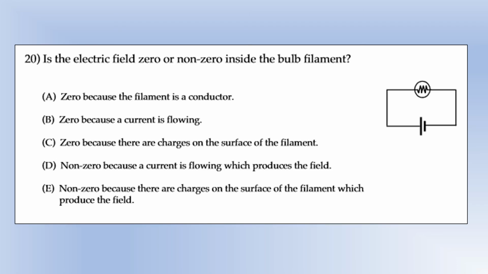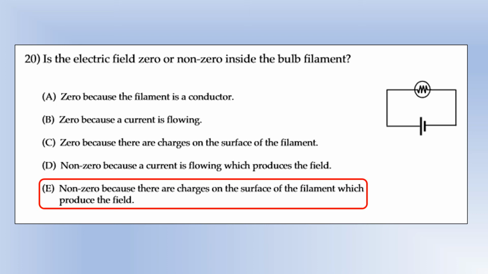Okay, so is the electric field zero or non-zero inside the bulb filament? Have a look through your options, then select your answer. Okay, so the correct answer here is non-zero. As it says, there are charges on the surface of the filament which produce an electric field.